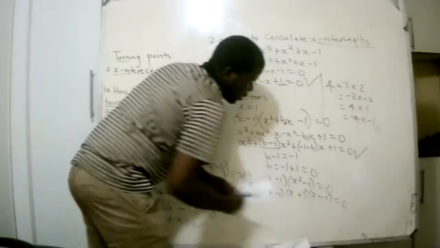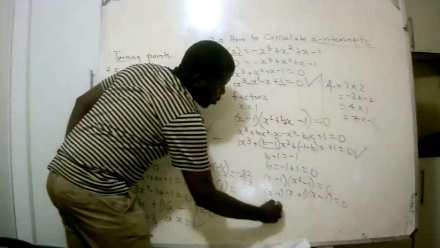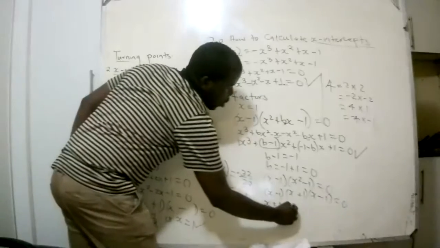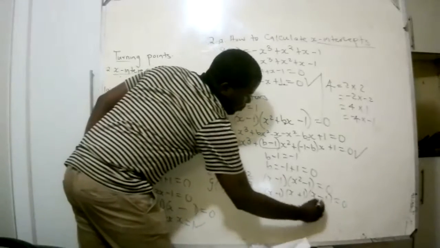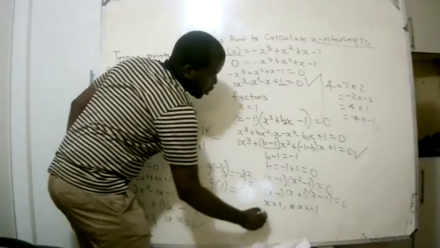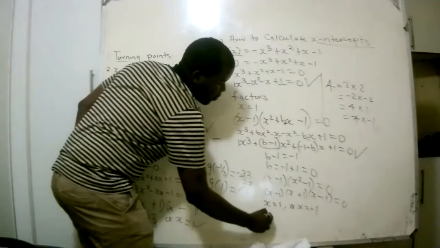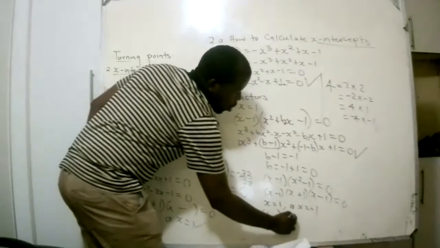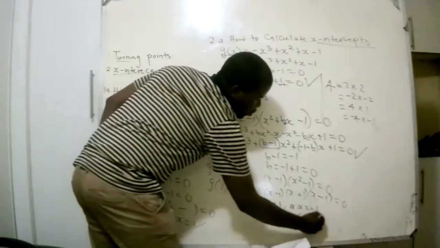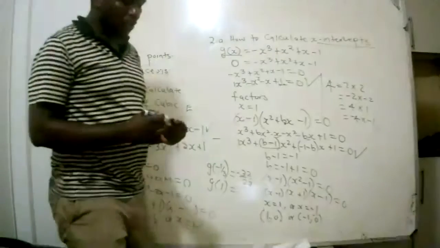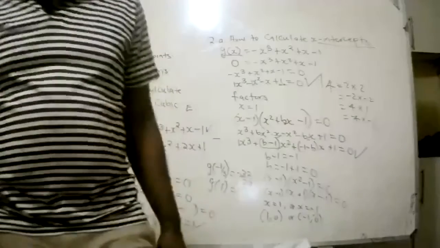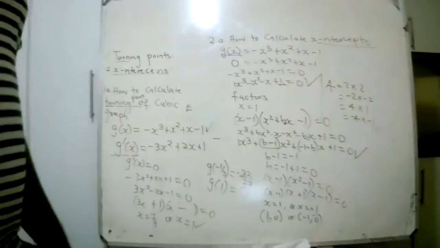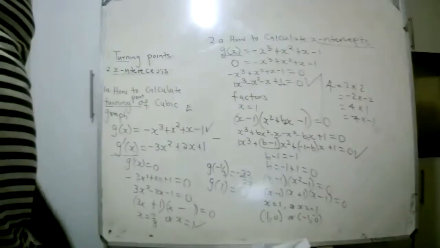So in summary, the x-intercepts here are x equal to 1 or x equal to -1, which you can write as coordinates: (1, 0) or (-1, 0). That's how you calculate the x-intercepts.